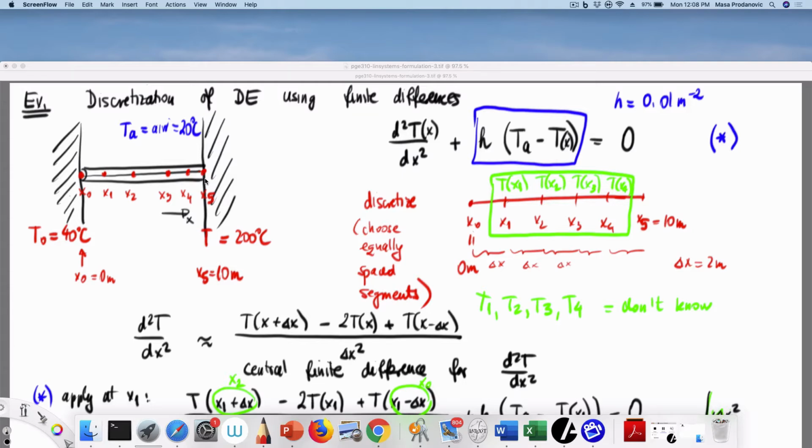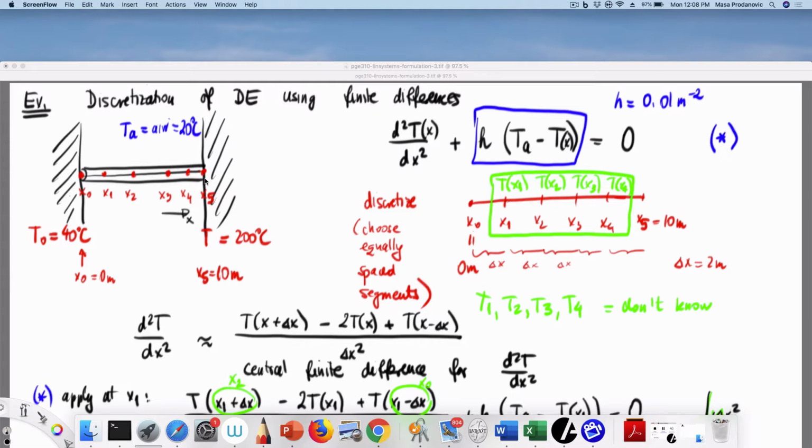I have a differential equation that has to be valid at every point, whether it's this discrete point or some point in between. The way differential equations work, they work for the entire set of points in some continuous domain, right? And the only place where I could have an issue is the boundaries, which is why we need boundary conditions.